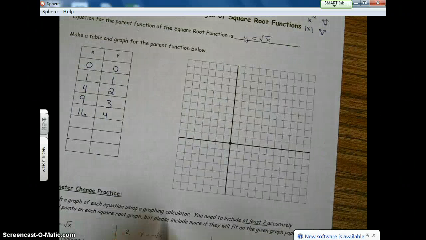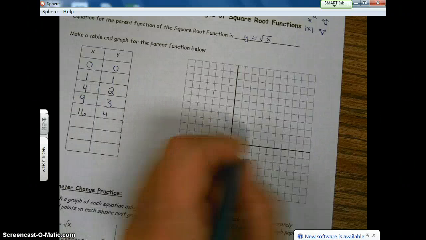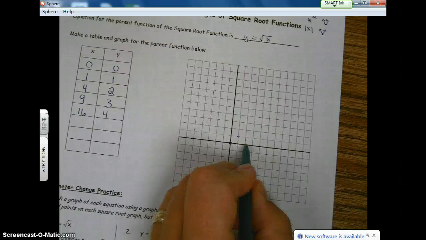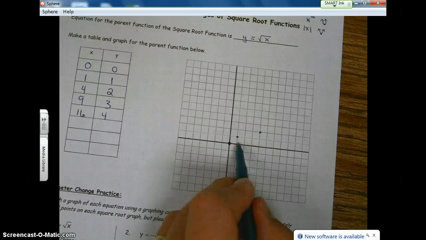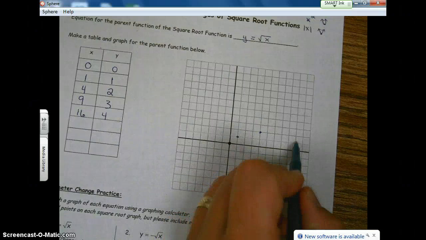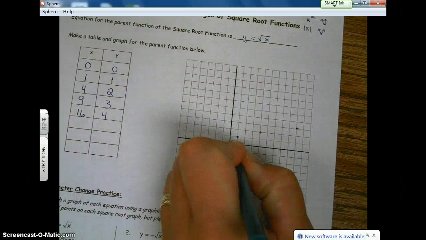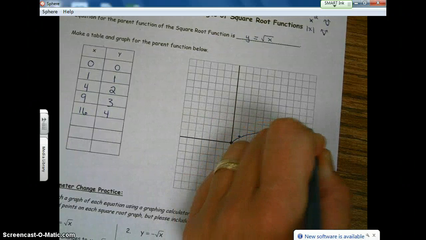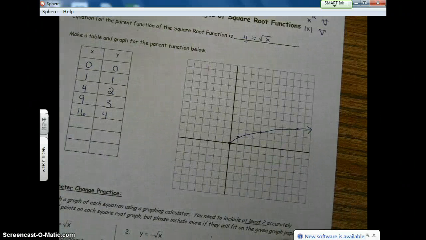So the special point for a square root function is right here. 1, 1, 4, 2, 9, 3. Alright, so it starts here as a starting point and it curves up and over, and you put an arrow on the end, and it goes on infinitely.